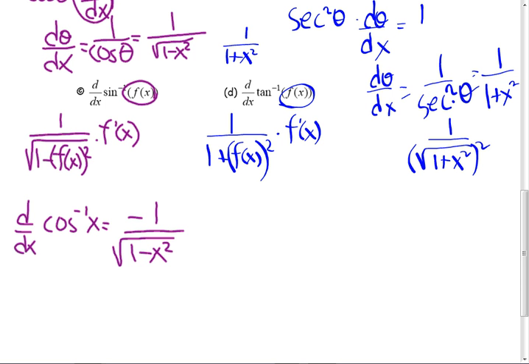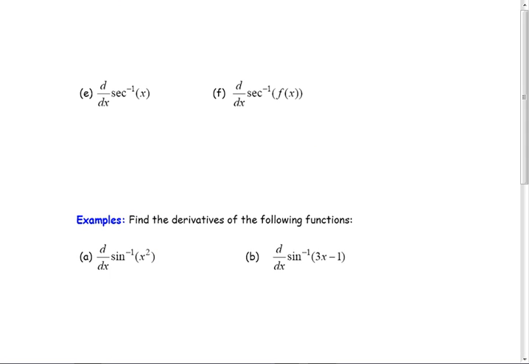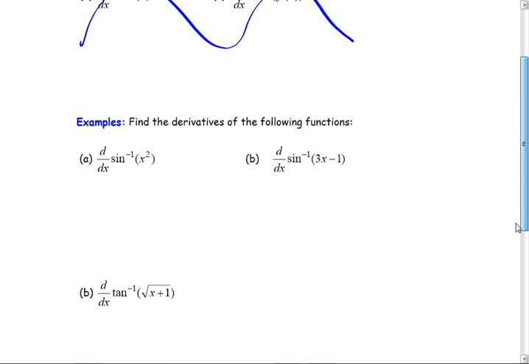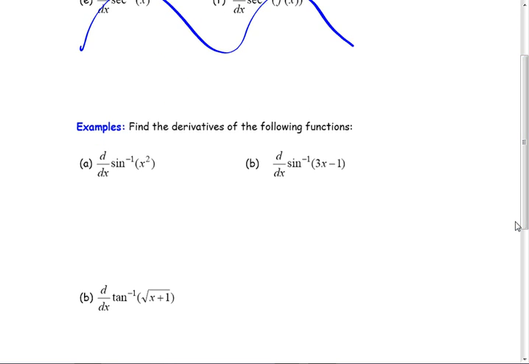Okay, so we got a couple problems for you guys to try. So we're going to skip those. And now we're going to do these. Now, I wrote them on the board. One less thing to memorize. There they are. But this isn't inverse sine of x. It's inverse sine of x squared.